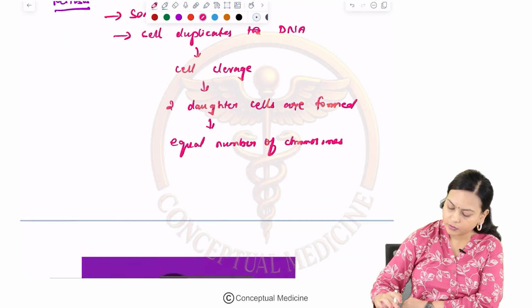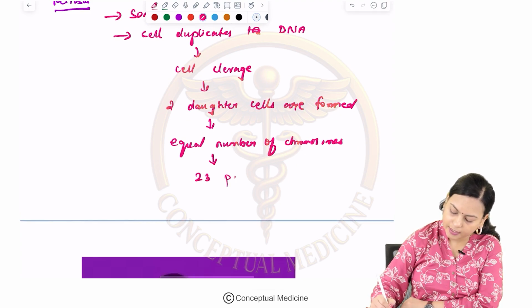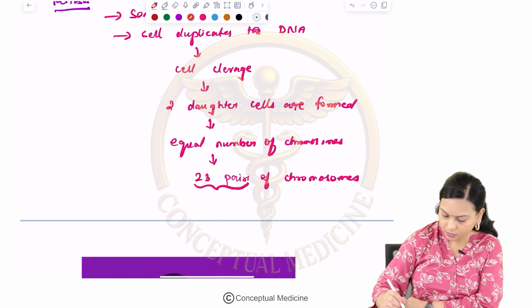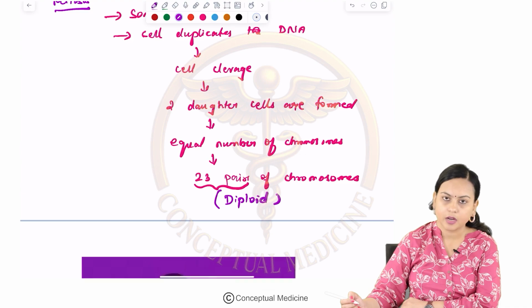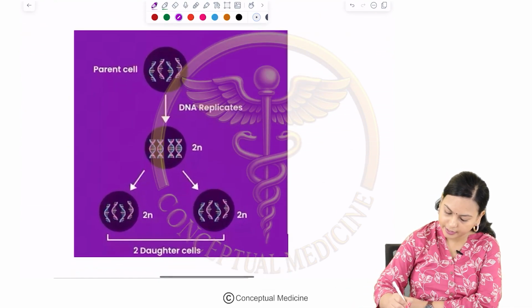So, in this type, each daughter cell will have 23 pairs of chromosomes itself. And if it has 23 pairs of chromosomes, we can also say the cell has the diploid number of chromosomes. Understood?